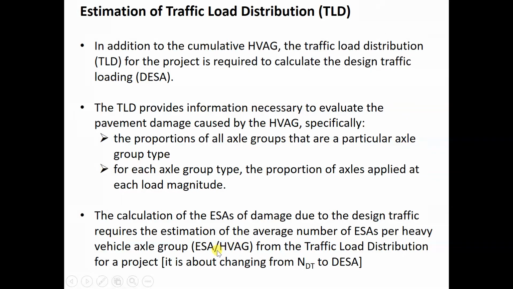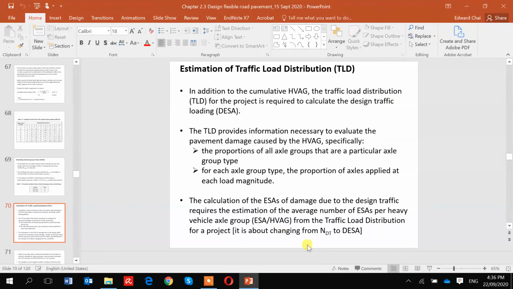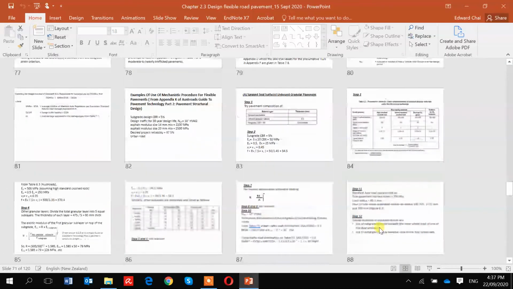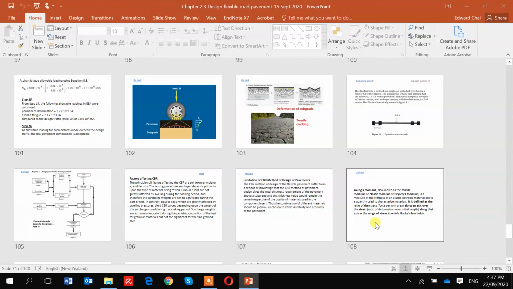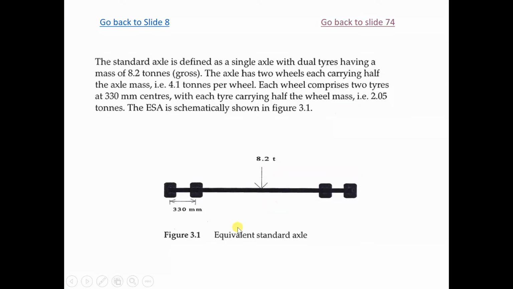We need this conversion factor. How many ESA? We know that one ESA is equal to 8.2 tons. I think we have that. So this is 1 ESA.